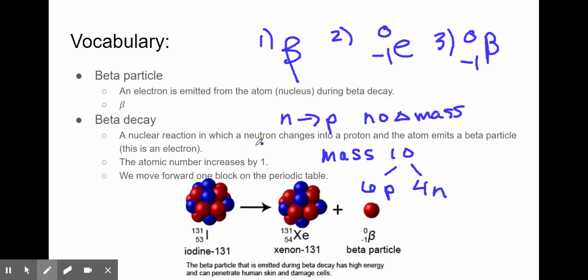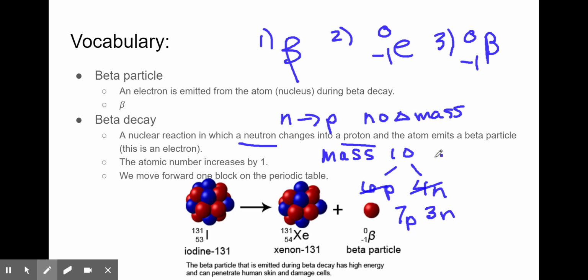If it goes through beta decay, a neutron changes into a proton. So the number of neutrons is going to go down, and my number of protons is going to go up. 7 plus 3, is that still 10? Yes. And so that proton emits a beta particle.